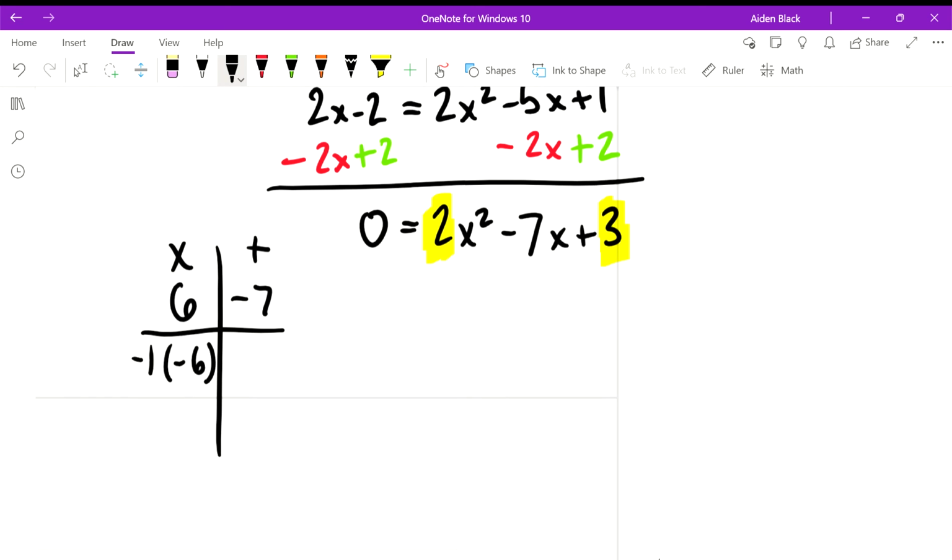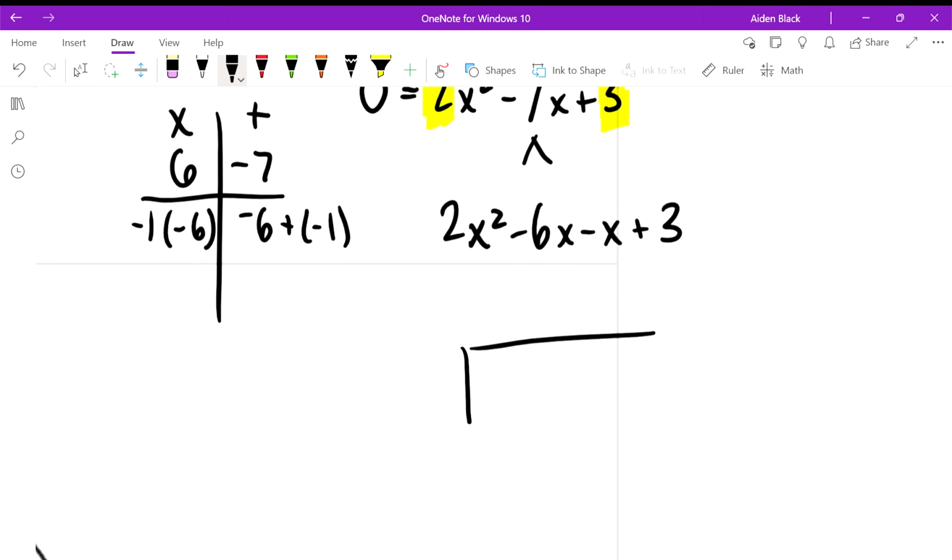Negative 1 times negative 6 equals positive 6. And negative 6 plus negative 1 equals negative 7. So those are the values we use. So let's do this. We're splitting that middle term. That's the whole point of this process. 2x squared minus 6x minus 1x plus 3.